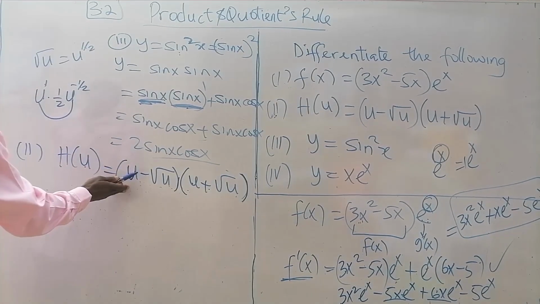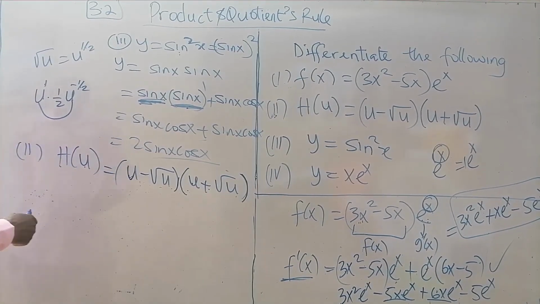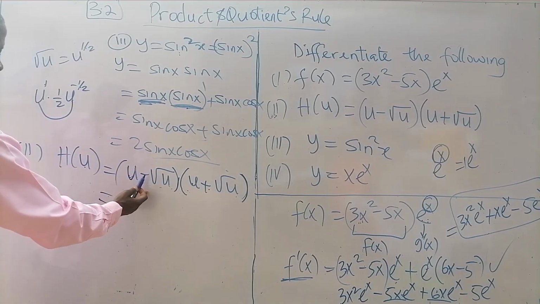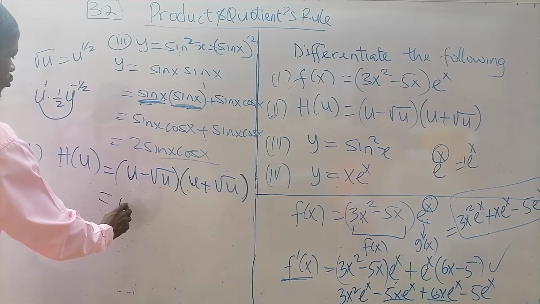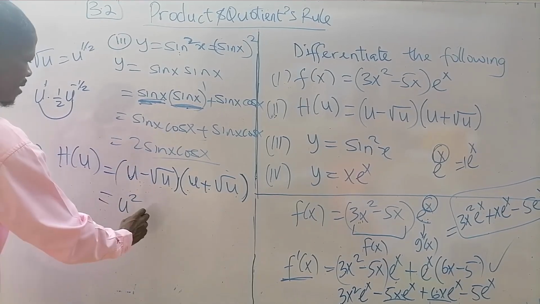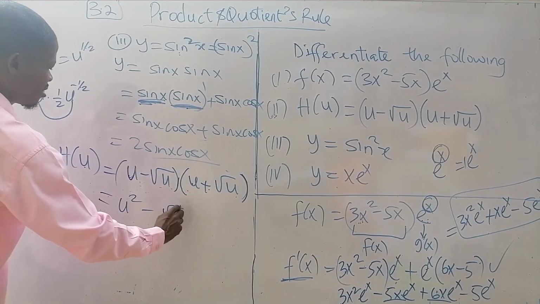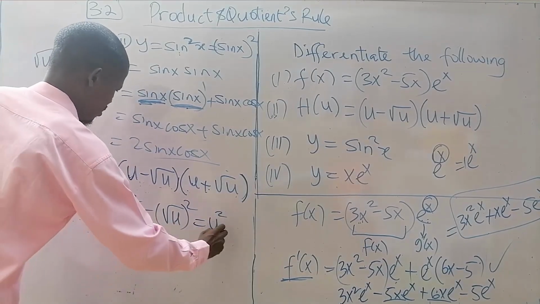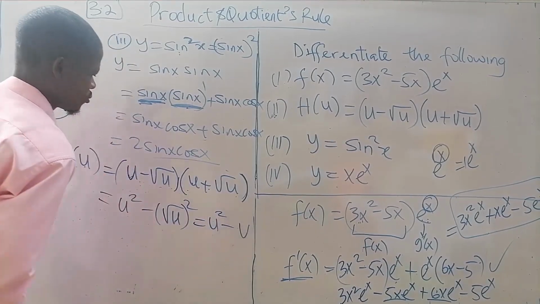Here we can use our product rule, and at the same time we can expand to make it easier for us. This one I'm going to expand. If you expand, this is the difference of two squares, so it's going to be u squared minus this squared, and this will give me u squared minus u.